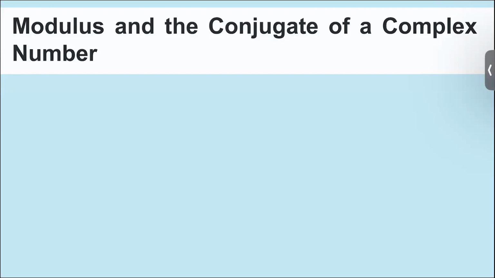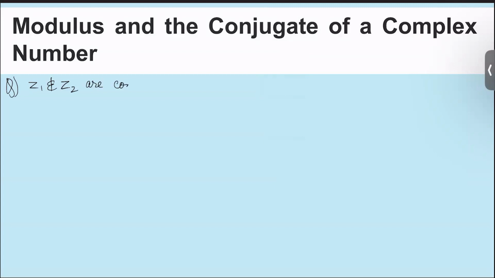Okay, so the question is that z1 and z2 are complex numbers, and a, b are non-zero real numbers.